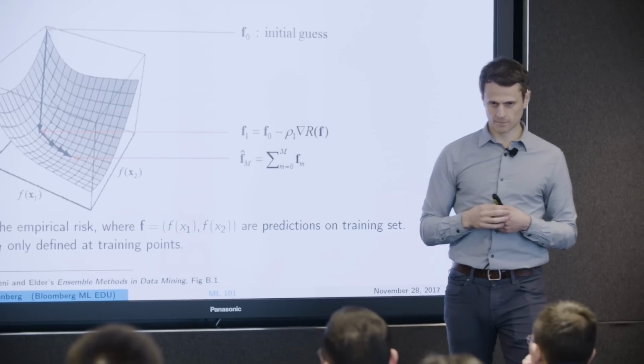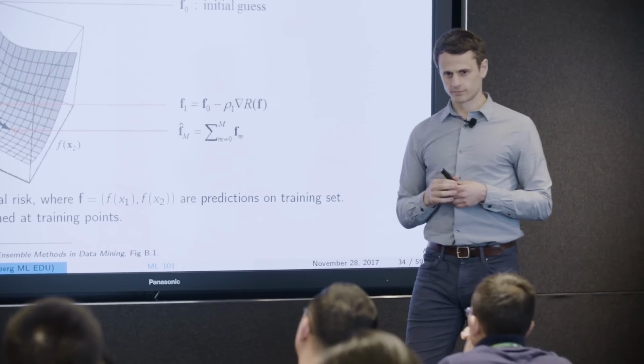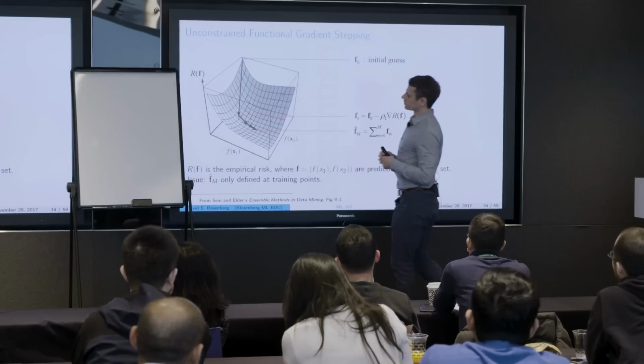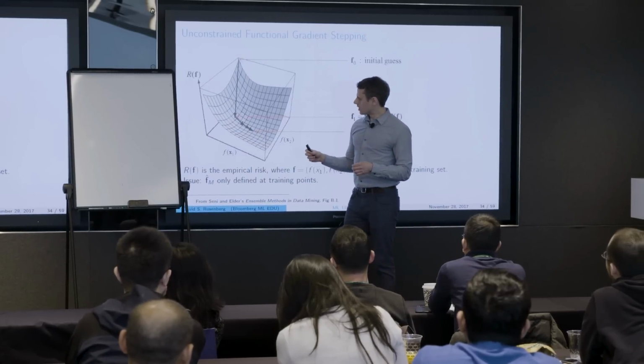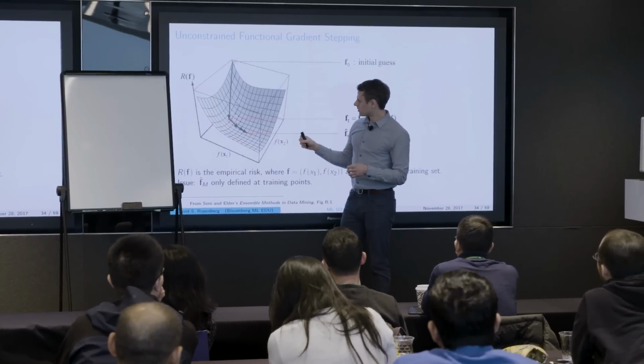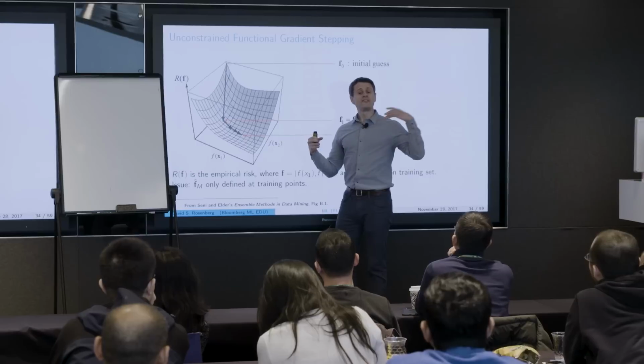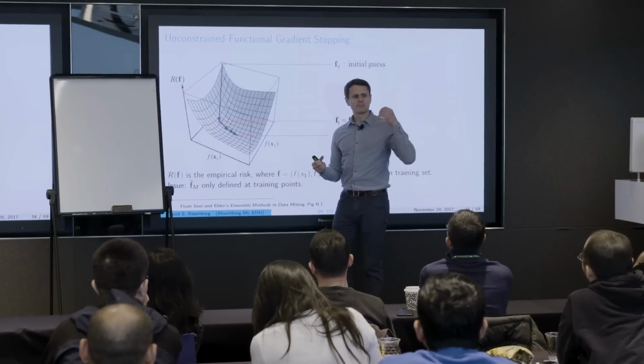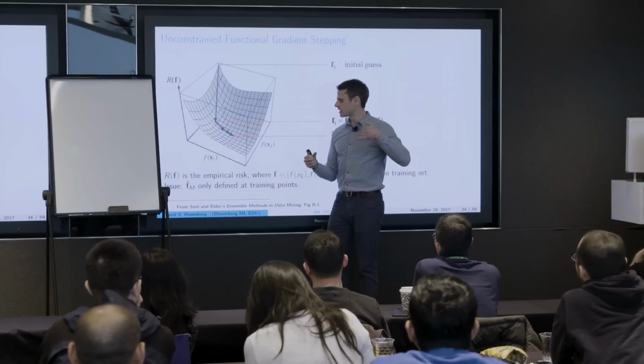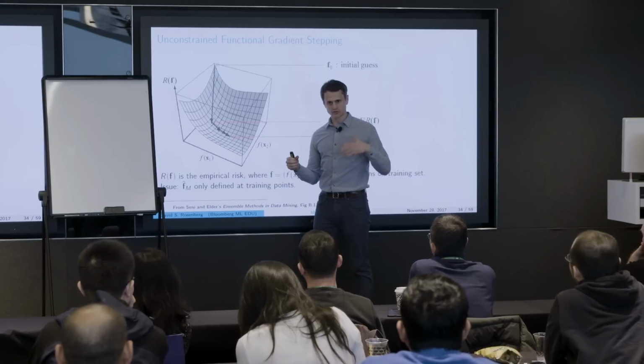It's not immediately clear that, I mean, this is one f, but we're looking for the right f. Another f could have a different surface. No. So for any function f, we get two predictions. We get a prediction on x1 and a prediction on x2, our two training examples.